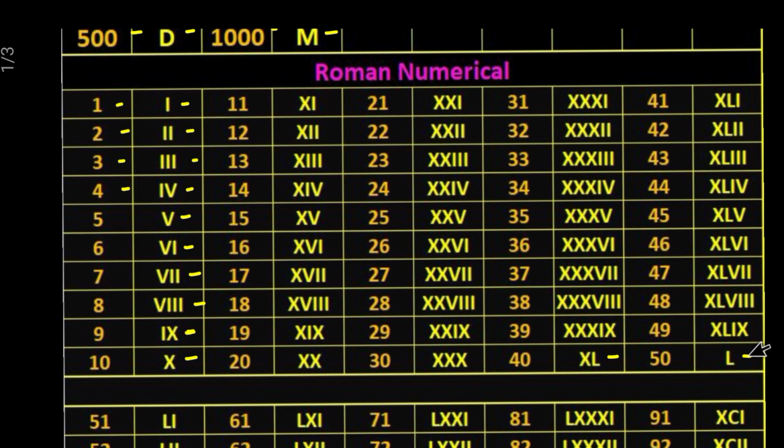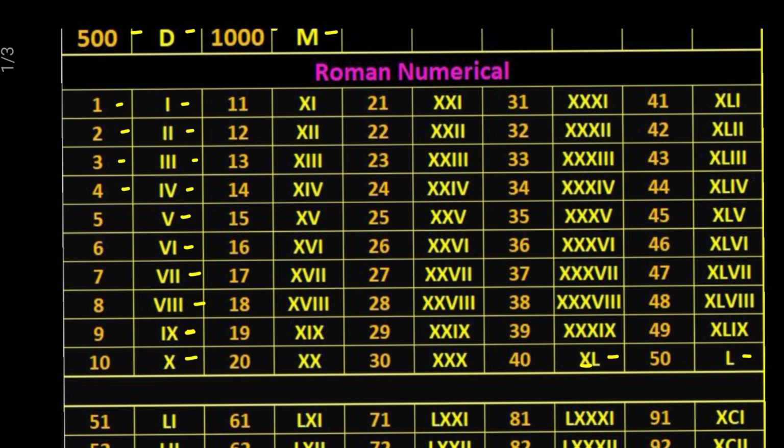So we have placed X, which means 10, before L, so it becomes 40, right, understood. Again from 41 to 49, same, in place of 4 times X we have written XL, and for 1, 2, 3 again I, II, III, like that we have continued. So hope you have understood up to 50.